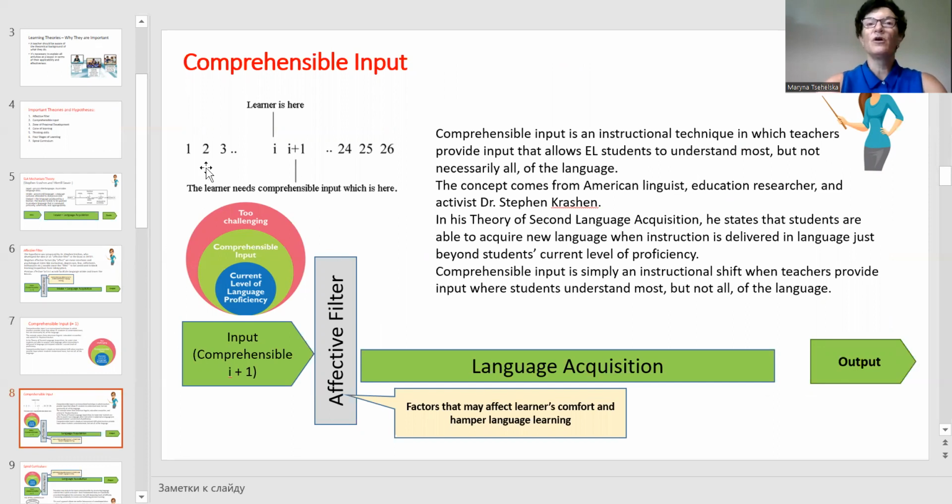And now our scheme already looks like this. Input has to be comprehensible and to be acquired by a learner. It should overcome this affective filter, or the filter has to be really, really low.